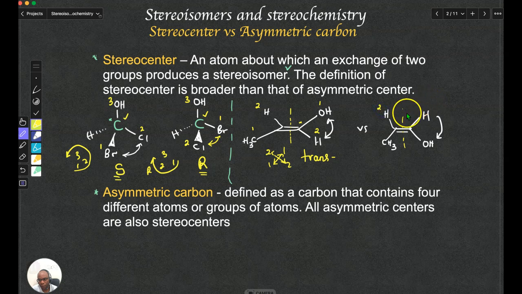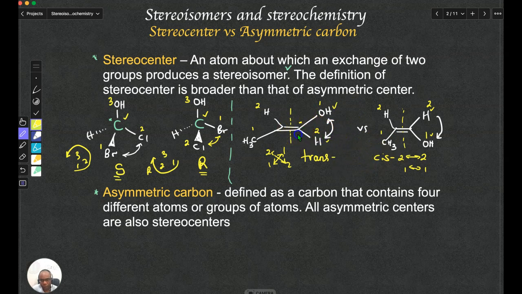Hydrogen lower priority on this side, left side carbon high priority based on atomic number, low priority, high priority. You see that the 2s are on the same side, so we're going to call these cis. You see, just changing OH and H on one side has changed the stereoisomerism. We get cis and trans.